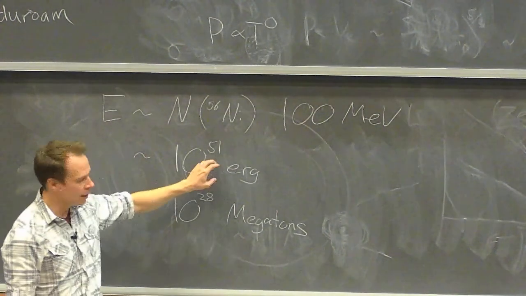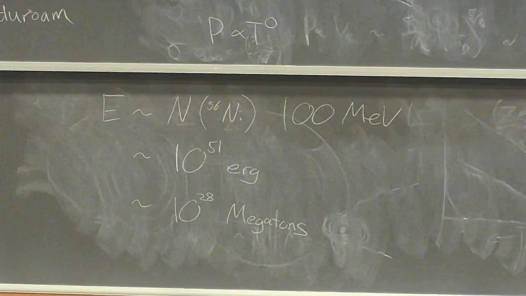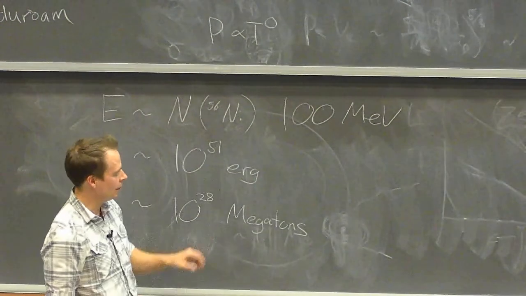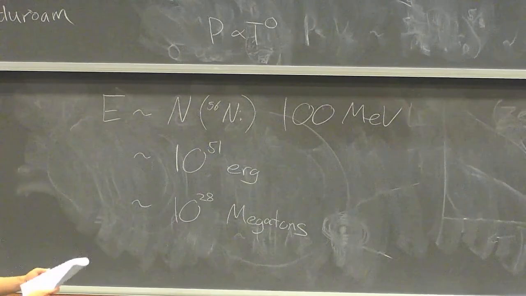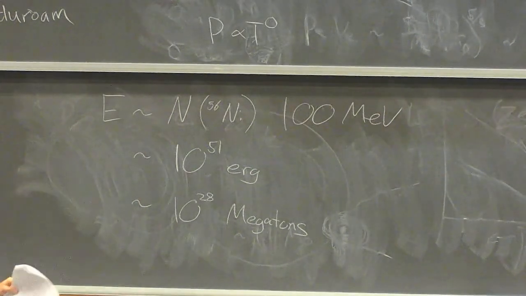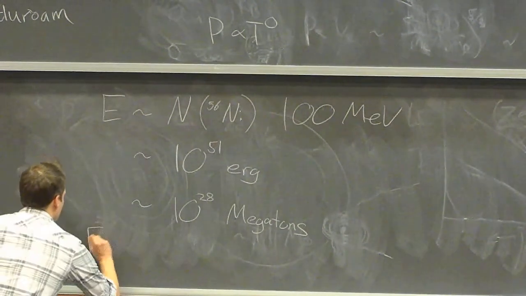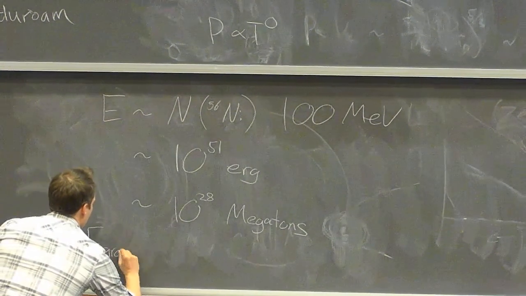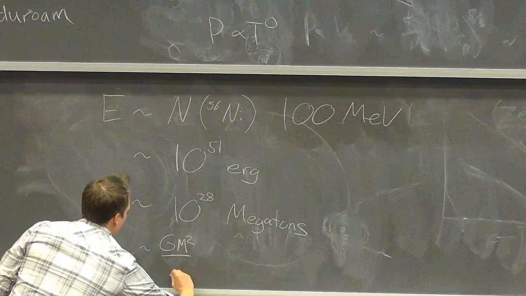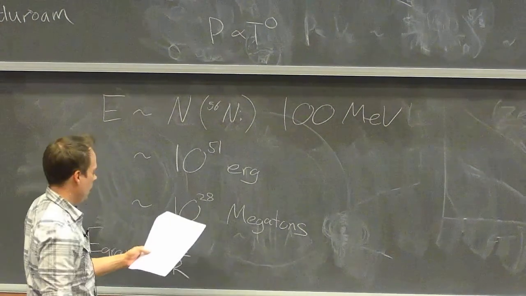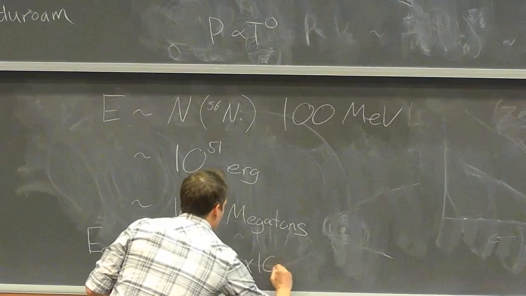And this energy scale is a very famous energy scale in stellar astrophysics, because basically all the supernovae we see are at about this energy scale, and it's for this reason. It turns out there is actually a more subtle reason. The gravitational binding energy of a white dwarf, which is basically GM squared divided by the radius, is maybe like 3 times 10^50 ergs.